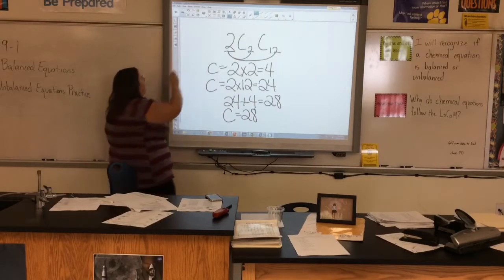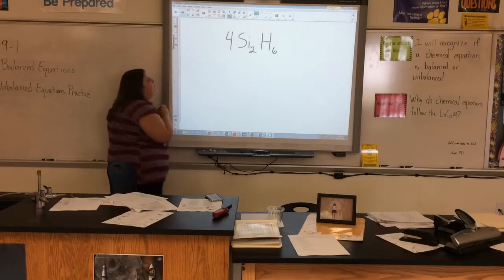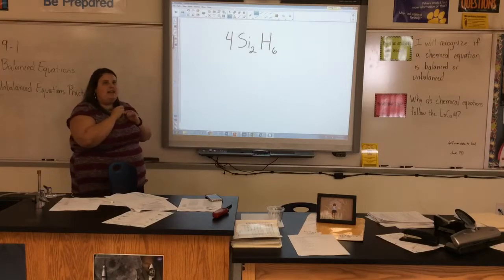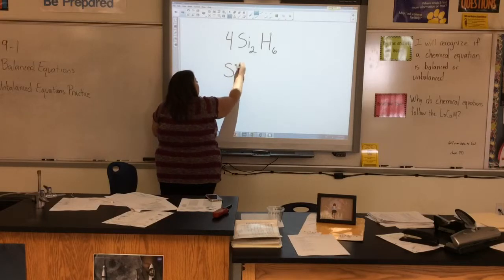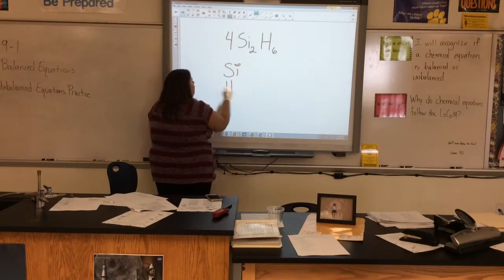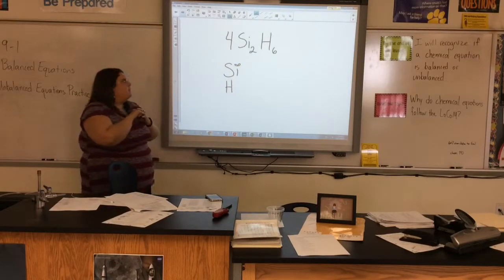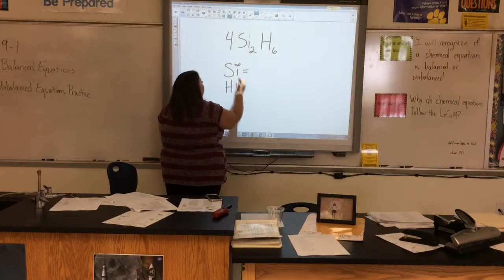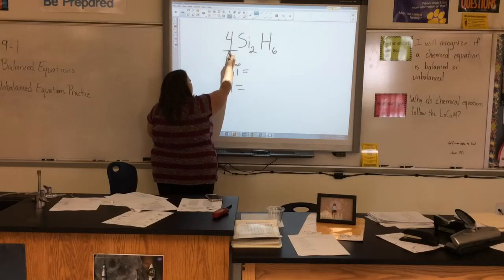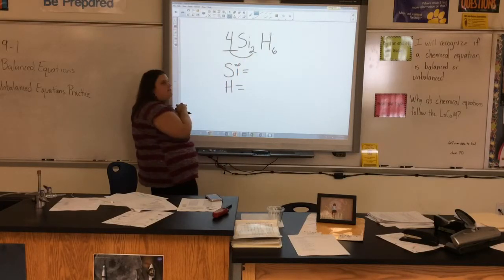Okay, let's look at another problem. 4Si2H6. If I'm looking at just the elements that are present, I have Si and H. I have to list both of those. And then I'm going to see how many atoms are present for each. For Si, I have a coefficient of 4 and a subscript of 2.